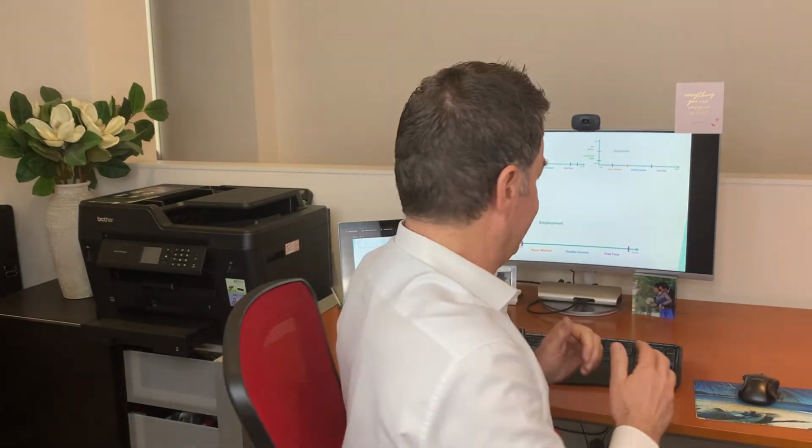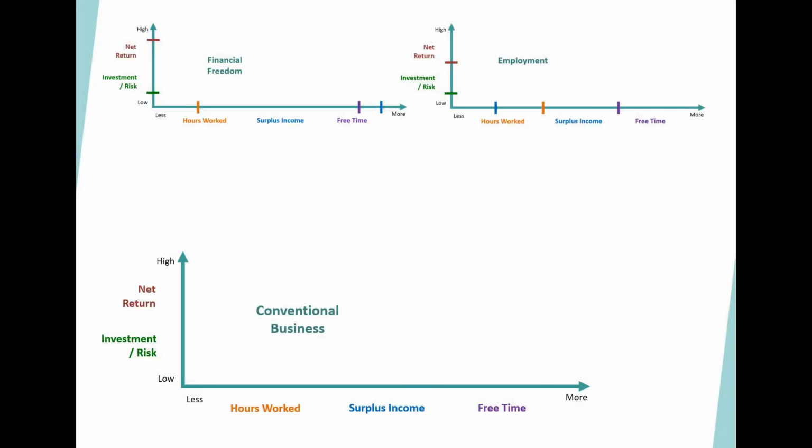So let's visualise some typical conventional business scenarios. Firstly, starting a full-time business usually means giving up your previous full-time employment and wage, and with that goes the surplus income, along with dreams of extended holidays or family time, no matter how motivating they were in your financial planning.